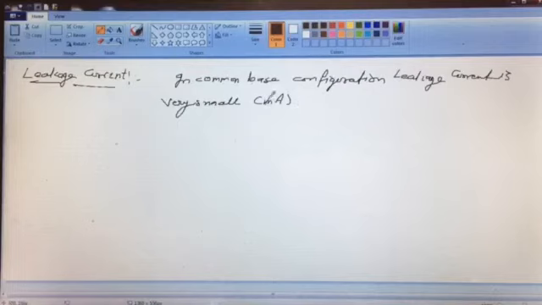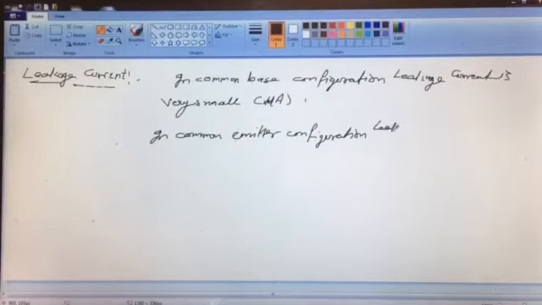From calculation it will be of the order of microampere, and the leakage current in common emitter configuration is higher.